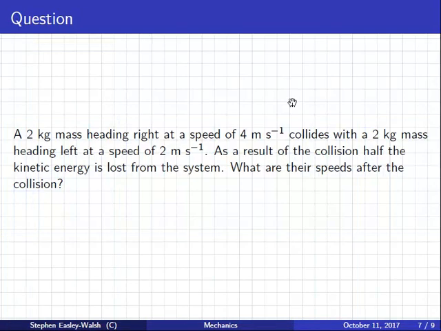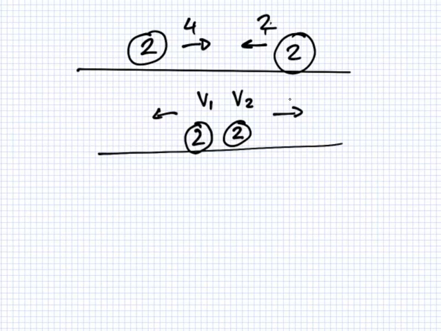What are their speeds after the collision? We'll say they each have a different speed. Okay, let's see what equation we can make. Conservation of momentum, what does that say? So what will I write?